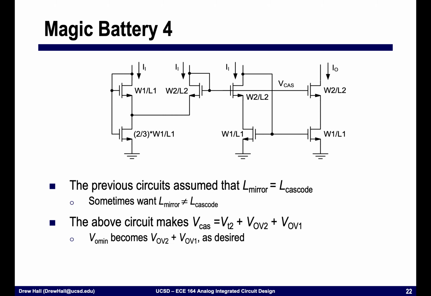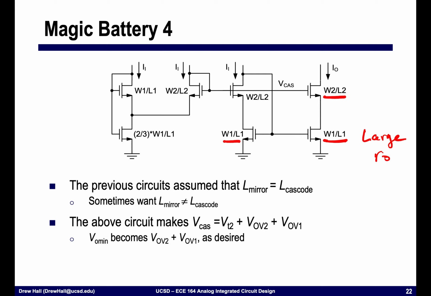All right. There are times when we don't necessarily want the same W over L. In all of the previous examples, we had assumed that W over L was the same for the two devices. Why might you not want them to be the same? Well, W over L on the bottom you'll typically use to get large output impedance.